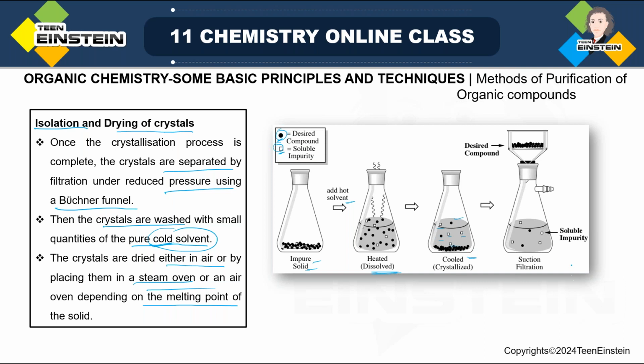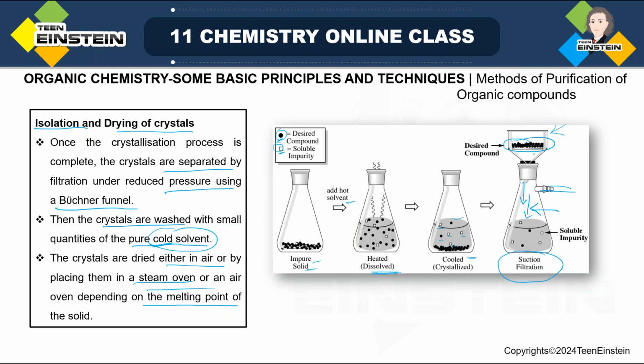Then we use this Buchner funnel, where we do suction filtration. In suction filtration, here you can see this outlet. At this outlet, pressure is applied, that is, some vacuum is created inside, and as a result the filtrate easily accumulates inside the container, and you get your desired pure organic compound in this funnel.